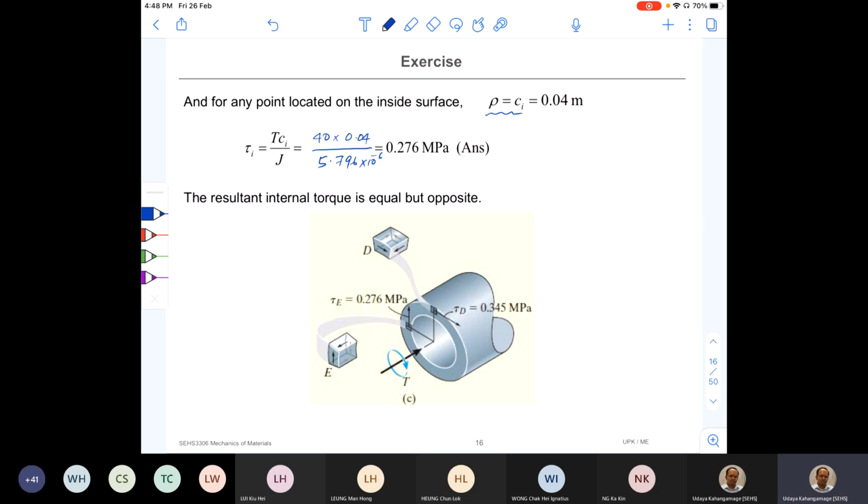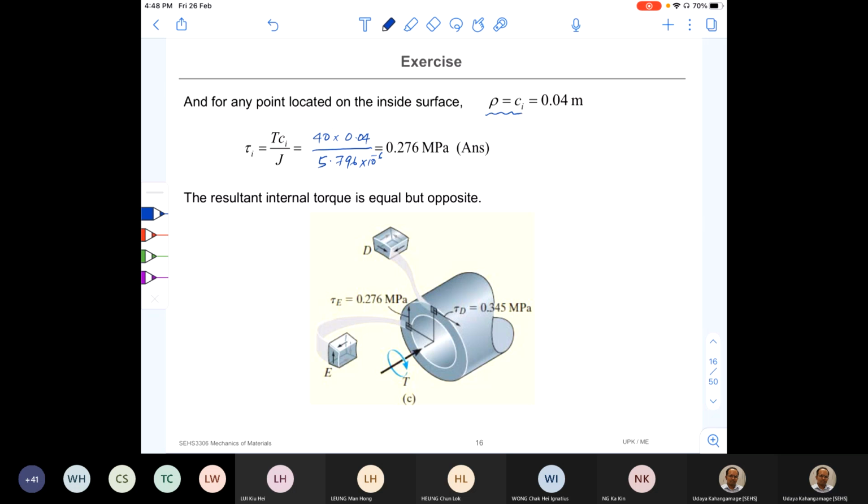So we have learned one equation, the shear stress equation. Once the torque is applied, once we know how to find the internal torque, we can find shear stress at any given cross section, knowing the geometric details.